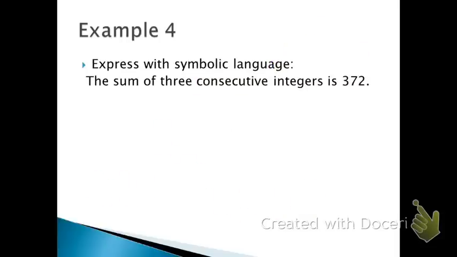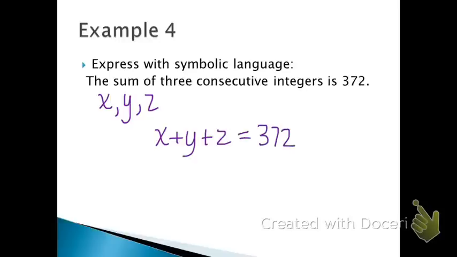Okay, so let's look at this again. The sum of 3 consecutive integers is 372. When you do this, we could have 3 variables. We could have x, y, and z to be our 3 consecutive integers, and then we could just say x plus y plus z is 372.